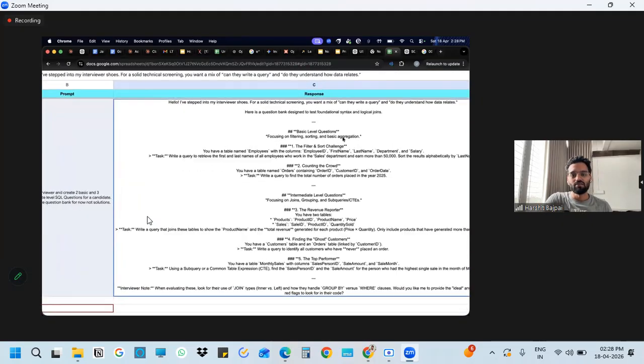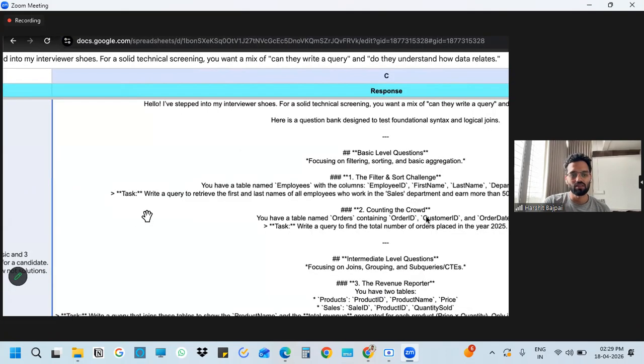Now this is a query, but it doesn't have the data set which Prem had. This has the schema. We call this schema: you have the employees table, employee ID, first name, last name, department, salary. You have been given a task and told to sort the results, right? It doesn't have the data set.